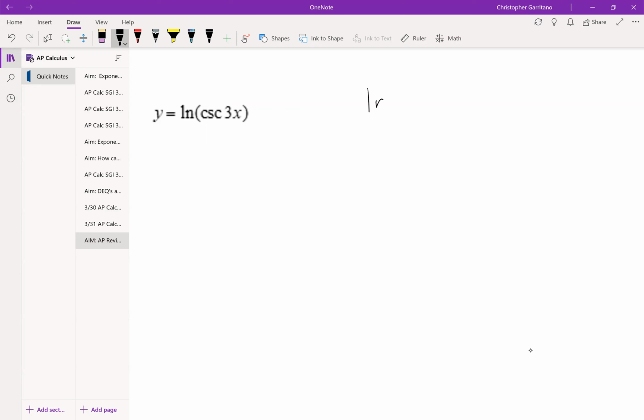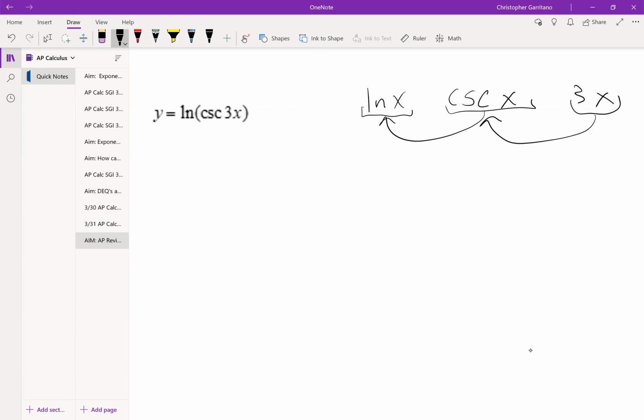There's ln x, there's cosecant x, and then there's 3x, one inside of the other. So 3x is inside of the cosecant, and of course the cosecant is inside of the ln. So we have to take that into account when we are taking the derivative here.